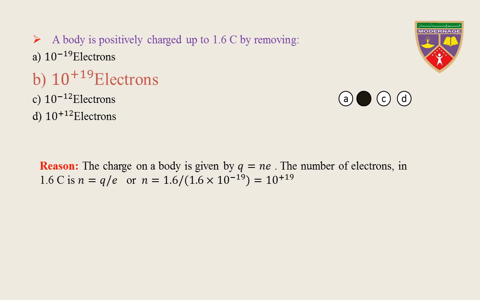Reason: the charge on a body is given by Q is equal to N into E, where N is the quantum number and E is the charge of the electron.